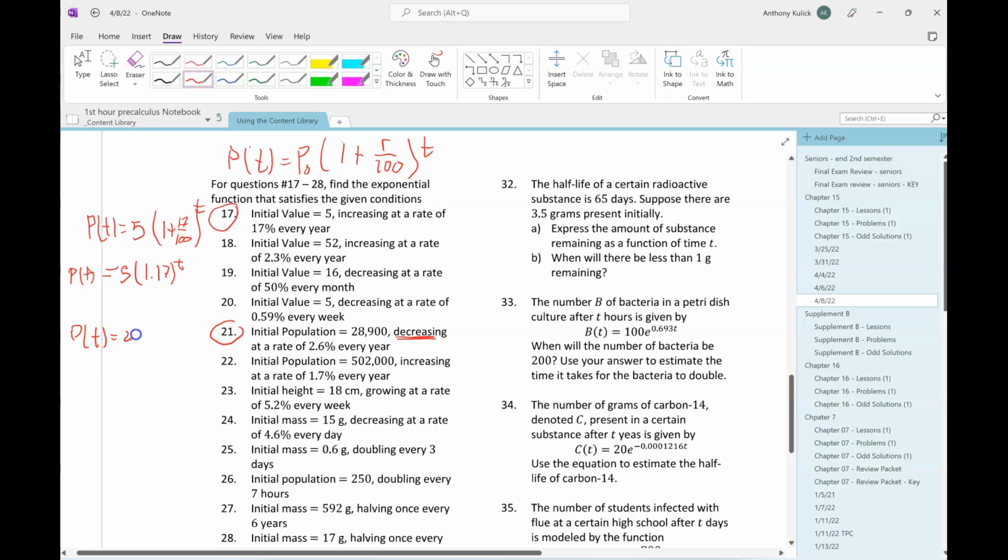It would make it negative. And that's probably the difference, right? So that would be 0.974 when I simplify that.